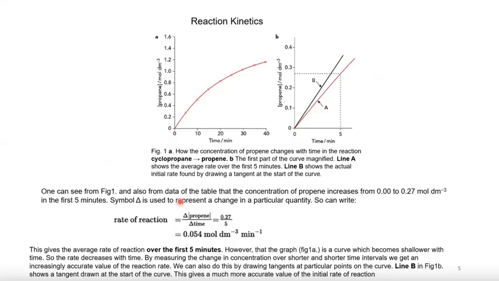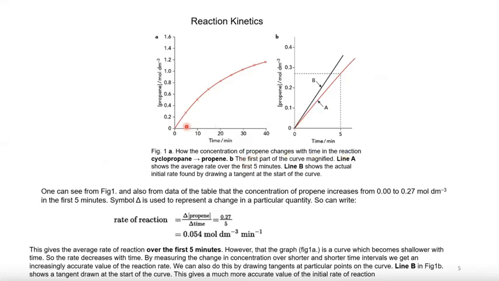Here is our curve. This is propene, the concentration of product. And you know that with each time the concentration of product increases. That's what we get from this graph or from the data.